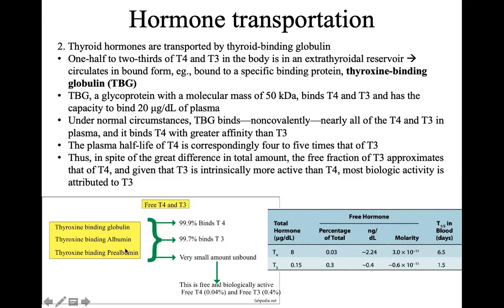However, albumin binds to T3 at only 99.7%. The thyroxine binding pre-albumin is a very small amount that remains unbound.